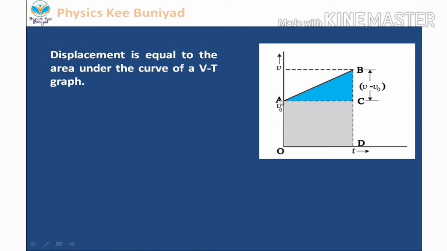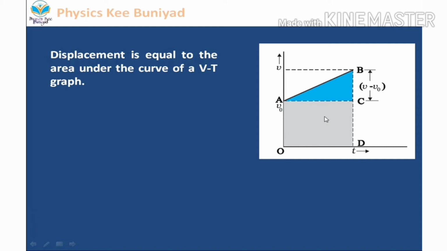Suppose at the initial step the velocity is v0, you can say the initial velocity is v0, and the final velocity at time t will be v. This is the velocity at this point. Now we will calculate the area under the curve. If you look at the figure, you will get two areas.